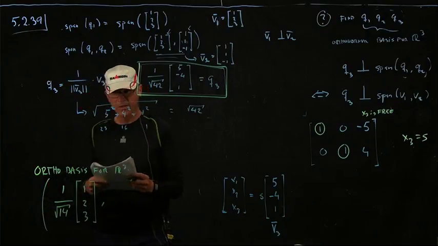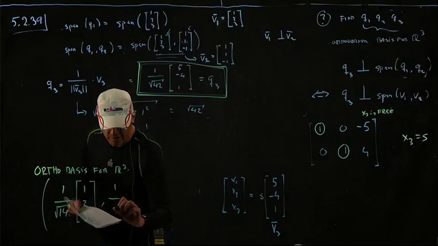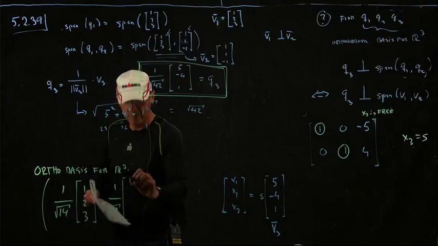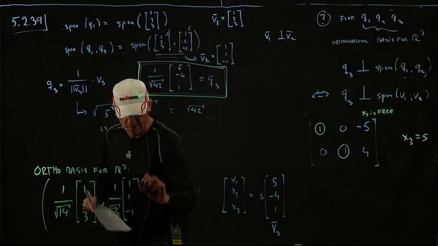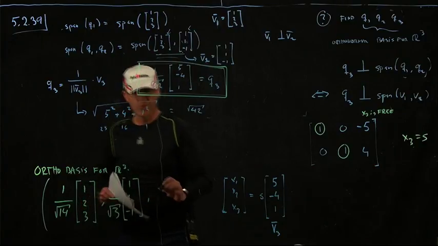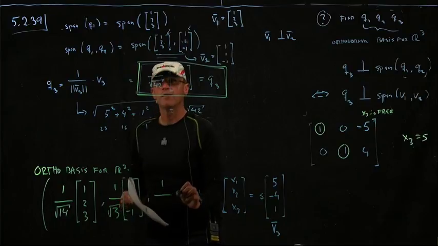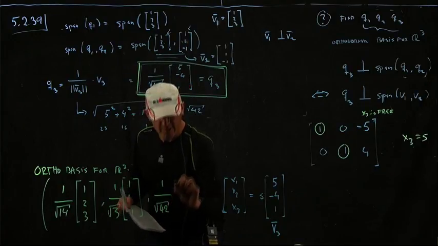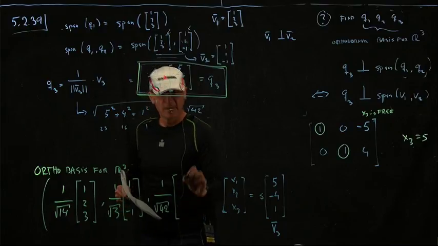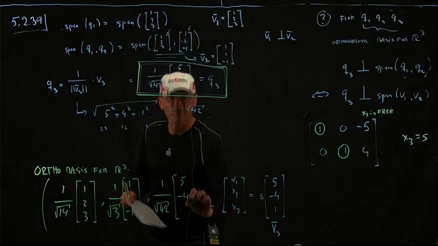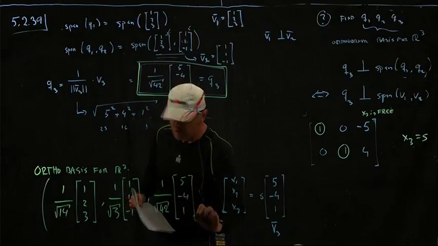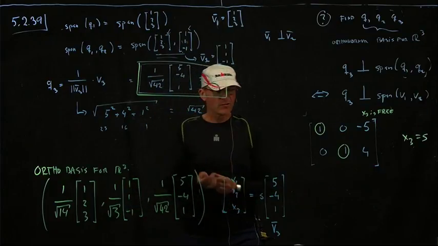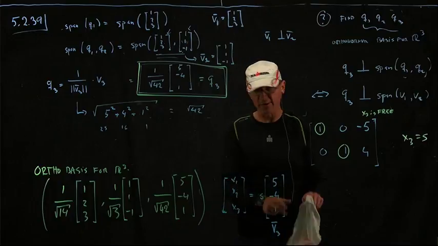Second one, we had 1 over square root of 3 times (1, 1, negative 1). Oh yeah, that was not too bad. And then our third one, 1 over square root of 42 times (5, negative 4, 1). All right, so that's the basis for R3 that we're looking for.